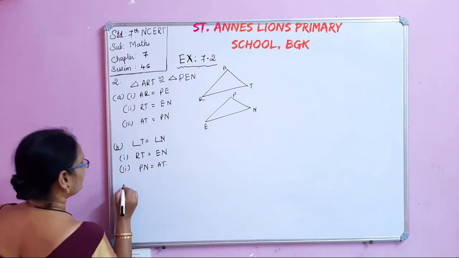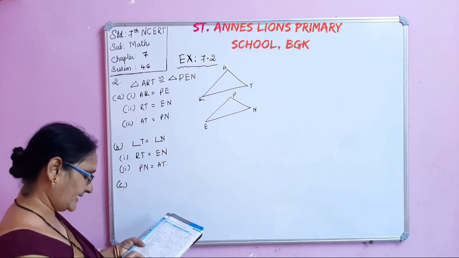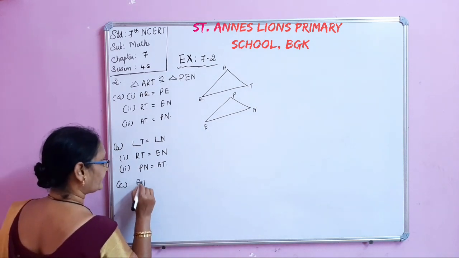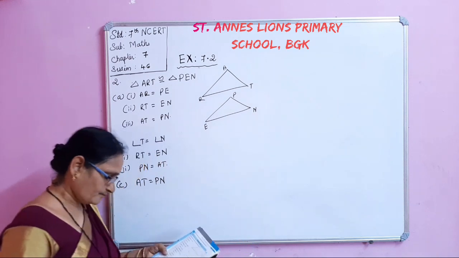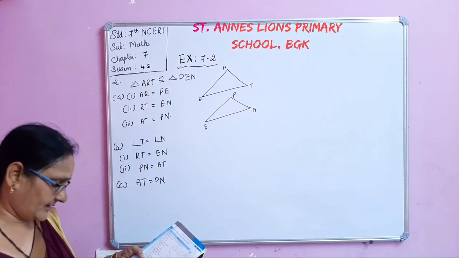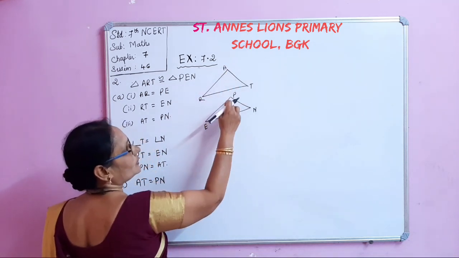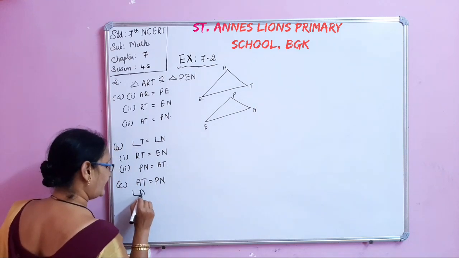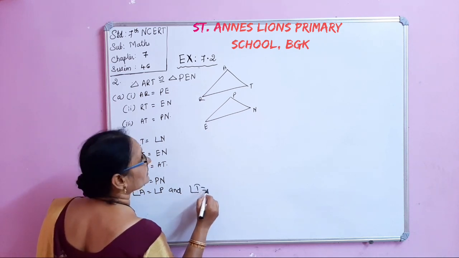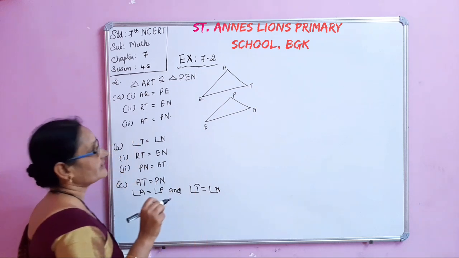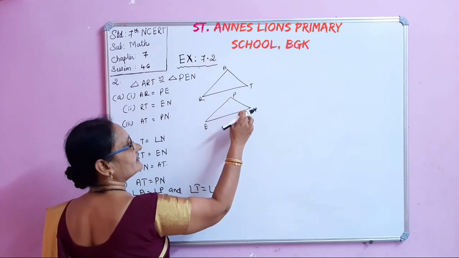Okay. Then C. If it is given that AT equal to PN, and you are to use ASA criterion, you need to have AT equal to PN, angle A must be equal to angle P, and angle T must be equal to angle N, because here ASA criterion, angle side angle criterion.